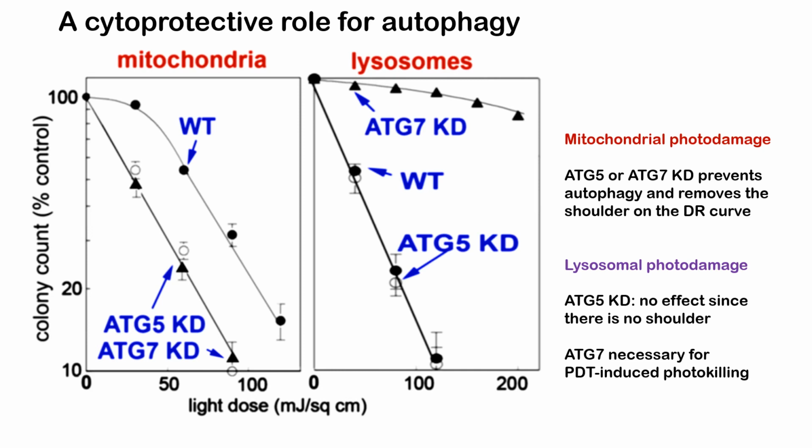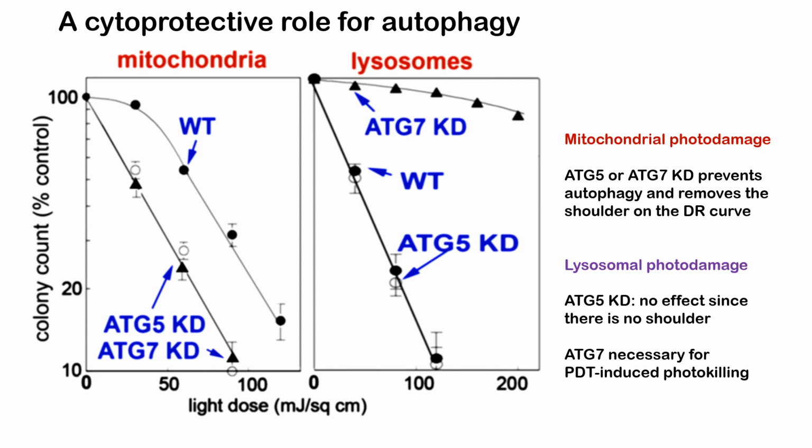Eventually, the number of mitochondria being damaged exceeds the ability of autophagy to protect, and the cells begin to die. If we silence either of two genes associated with autophagy, ATG5 or ATG7, autophagy is prevented, and the death curve proceeds with no interruptions.